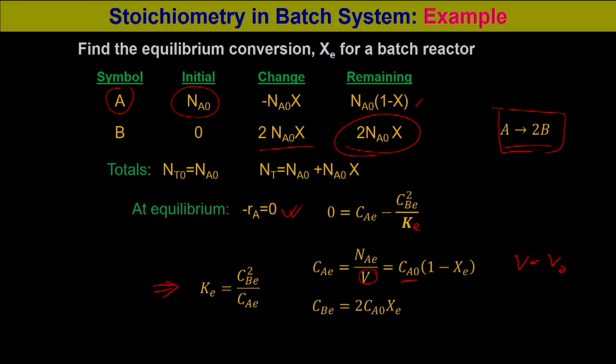So, Na by V naught would be Ca naught into 1 minus Xe, and CBE would be equal to twice Ca naught Xe.